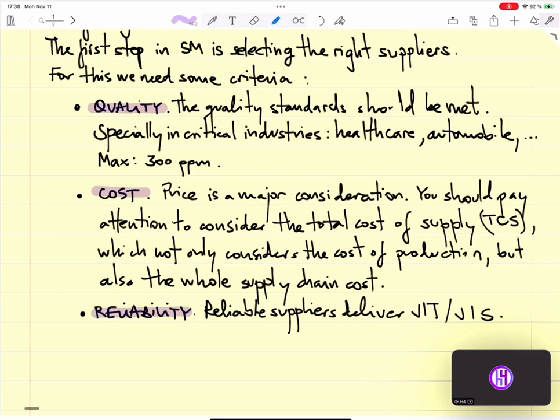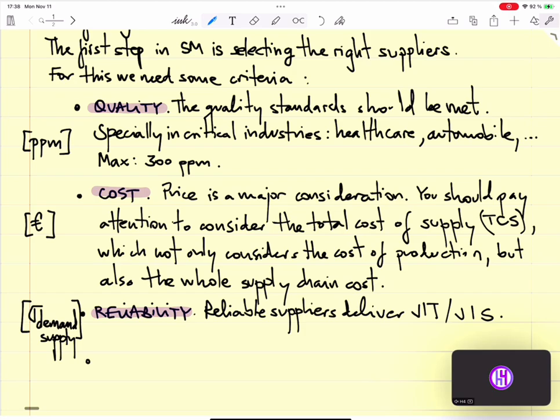Here, for quality, we measure with ppm. Cost, we measure in euro, some currency. Reliability, we measure in the standard deviation of demand or supply. Okay, how reliable they are.